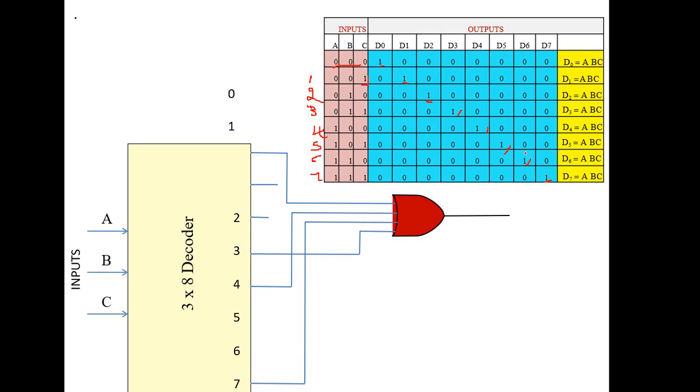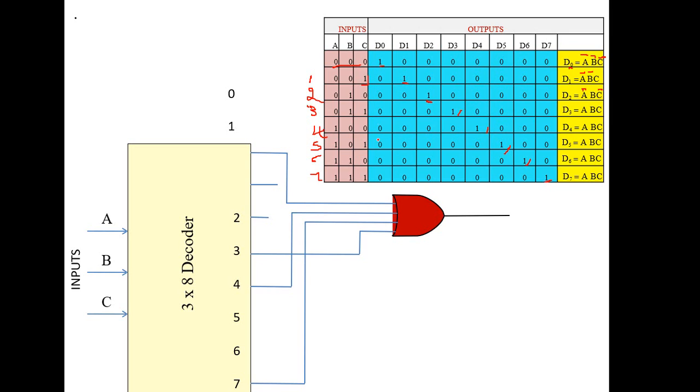Simple way. And if you take the formula, D0 is A bar B bar C bar. Why? Because all are 000. When you take D1, only C is high, so it is A bar B bar C. When it is 010, that means B is high, so D2 is A bar B C bar.